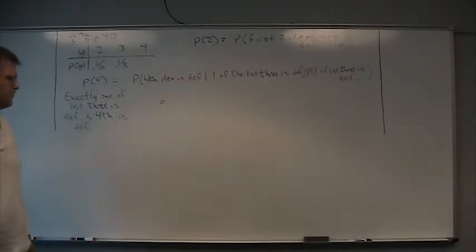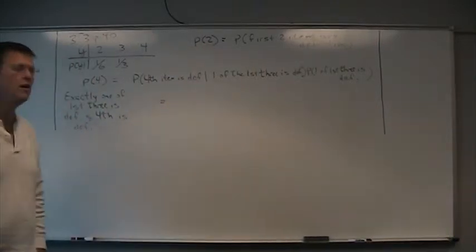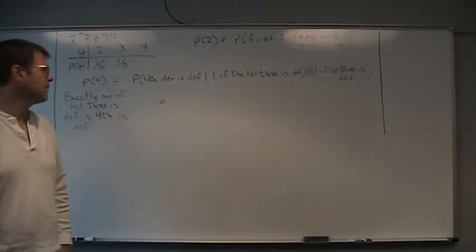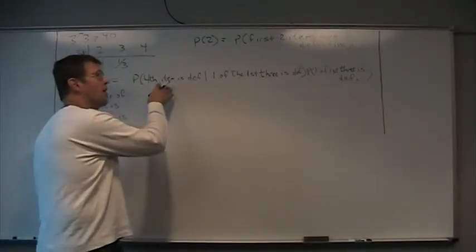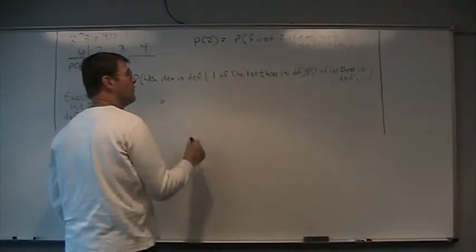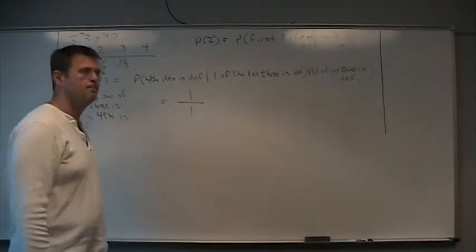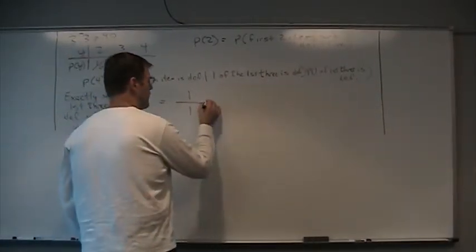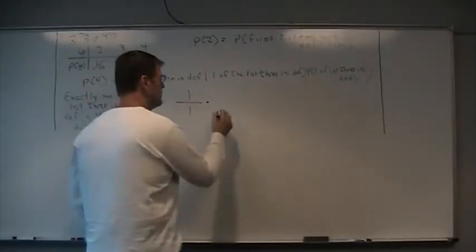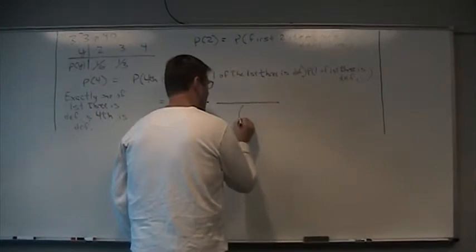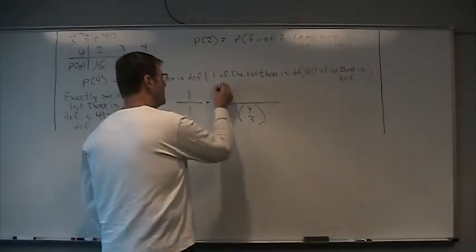Okay, so as far as our conditional probability is concerned, we're down to one item, and there's only one defective left. So the probability the fourth item is defective, given that one of the first three is defective, has to be 1/1. As far as one of the first three being defective, we now have 4 choose 3 in the denominator.